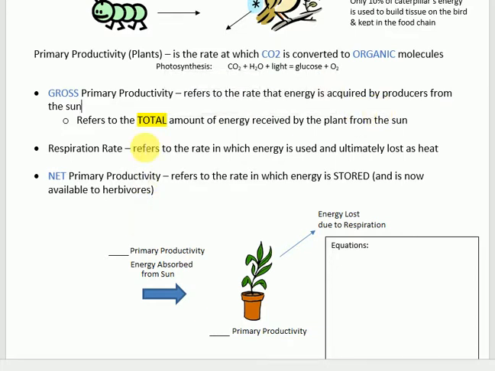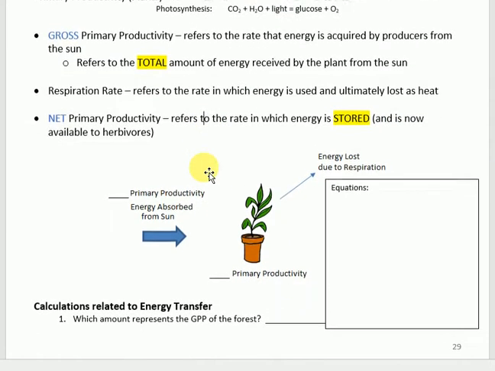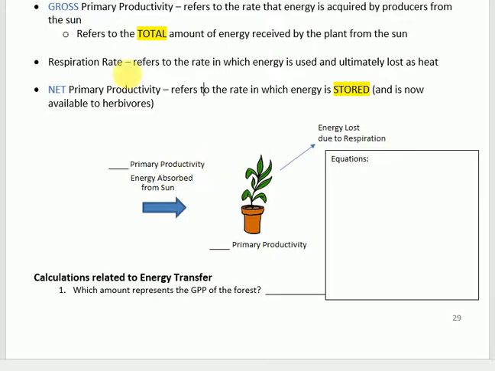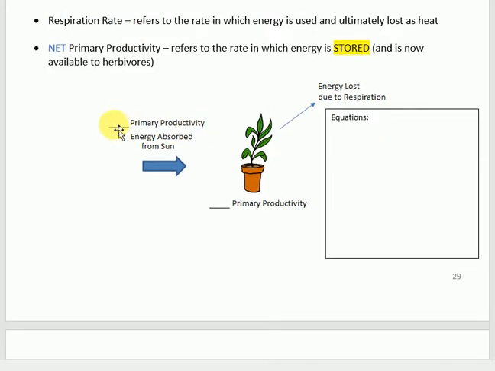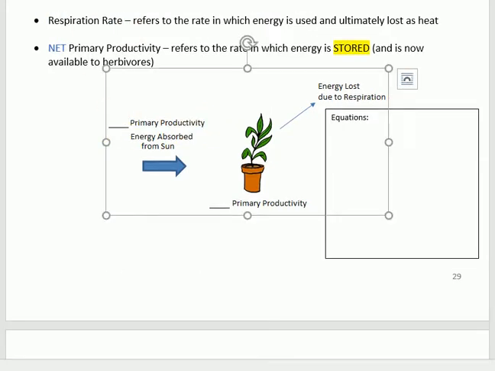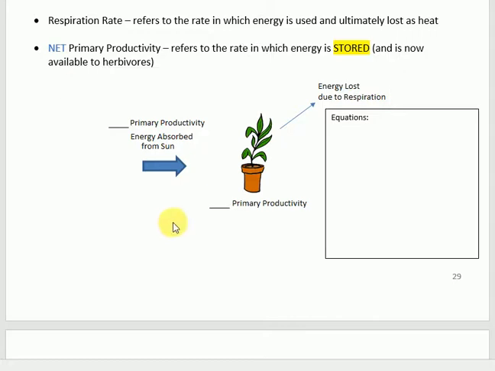Then there is the respiration rate. This refers to the rate at which energy is used and lost as heat. Then we have our net primary productivity. This refers to the rate at which energy is stored and is now available for herbivores. So let's look at that. Over here we have our gross, our total, right? And this is what's absorbed from the sun.